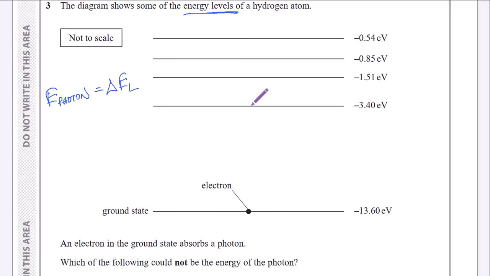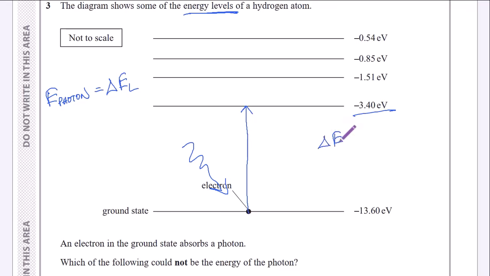So if you look at the first energy level difference, as in if this electron has to jump up to the first excited state, the incoming photon must have an energy equal to the difference in this energy level. So minus 3.4 minus 13.6. I've done this so many times, I know the value. It's 10.2.